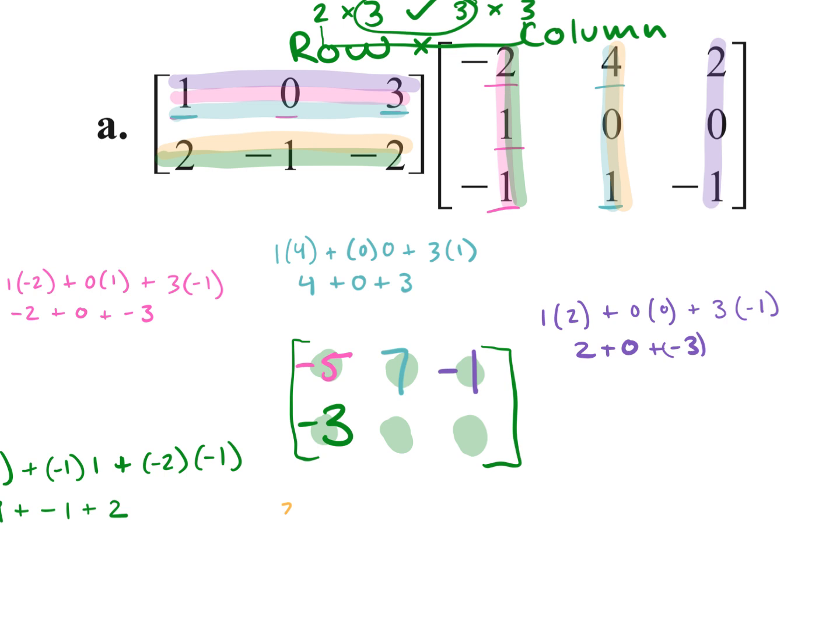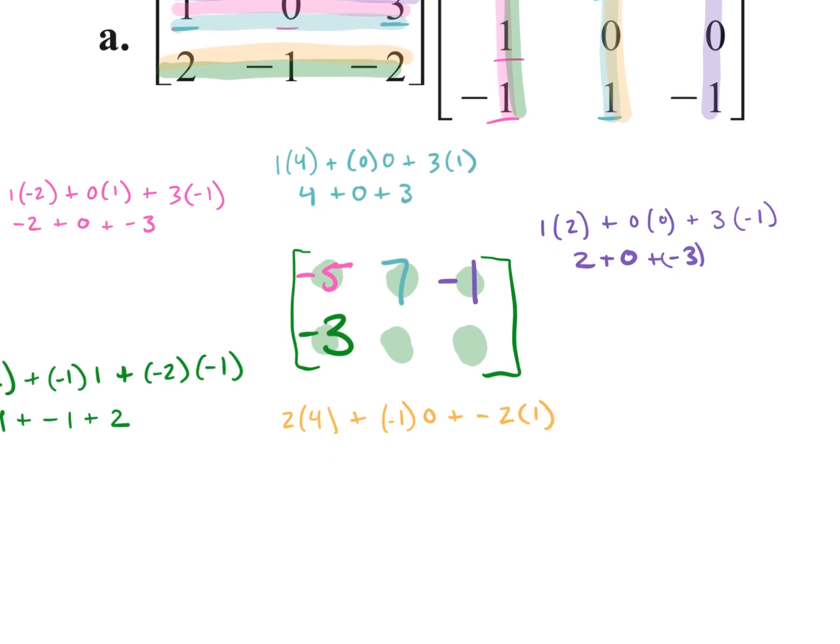So we've got 2 times 4 plus the second number times the second number would be negative 1 times 0 plus the third number times the third number, negative 2 times 1. 2 times 4 is 8, plus 0 times negative 1 is 0. Negative 2 times 1 would be negative 2. So 8 minus 2 is 6. Perfect. One more.